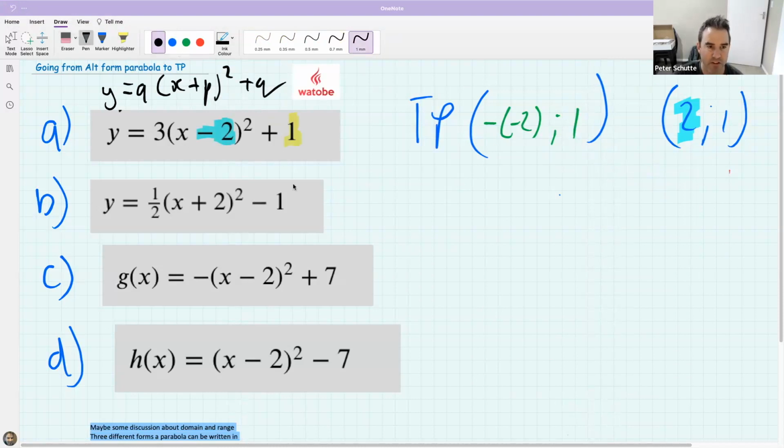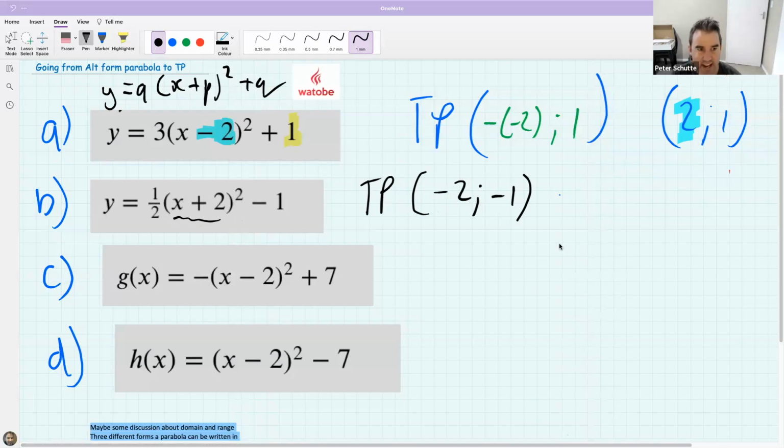That's a property of this. Now, can you work out the turning point for this one over here? Following this pattern, x is minus 2, and the other part is minus 1. So that's the turning point for B.